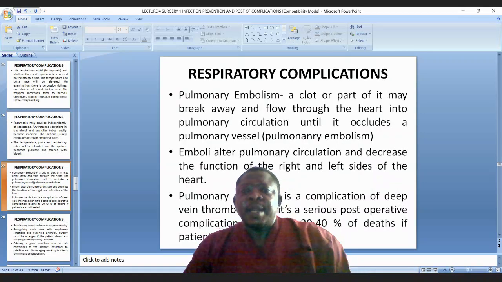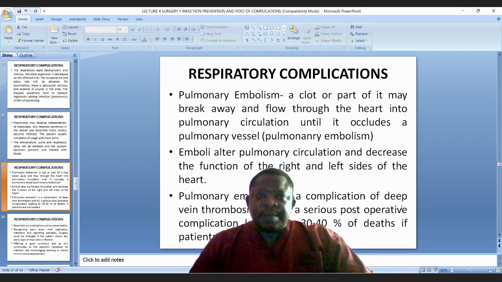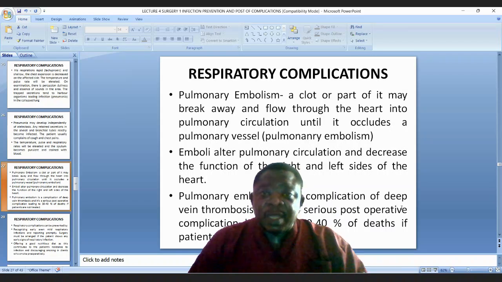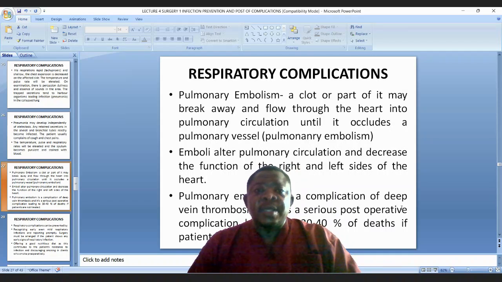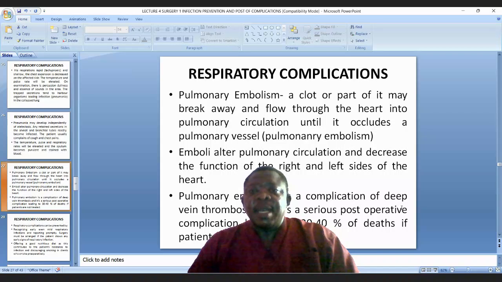Pulmonary embolism is also one of the complications that we see within the respiratory tract. So a clot or part of it may break away and flow through the heart into pulmonary circulation until it occludes a pulmonary vessel. So this then causes what we are calling pulmonary embolism.